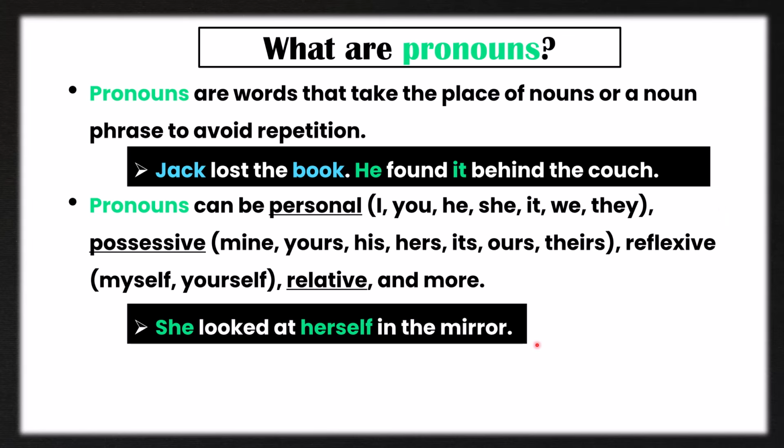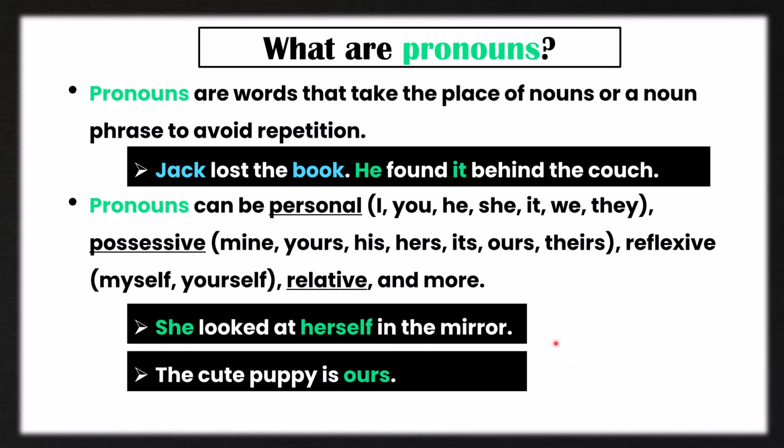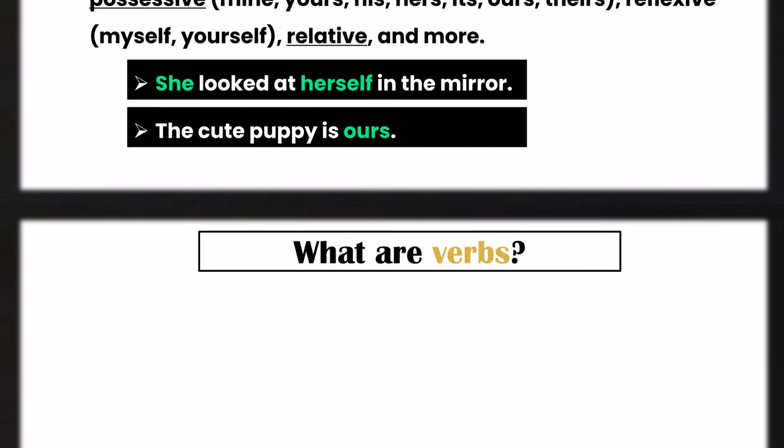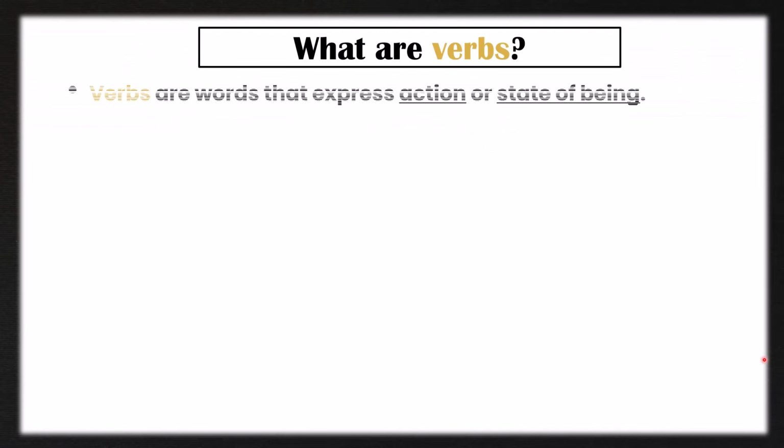For example, she looked at herself in the mirror. She is a personal pronoun, and herself is a reflexive pronoun. The cute puppy is ours. It belongs to us.